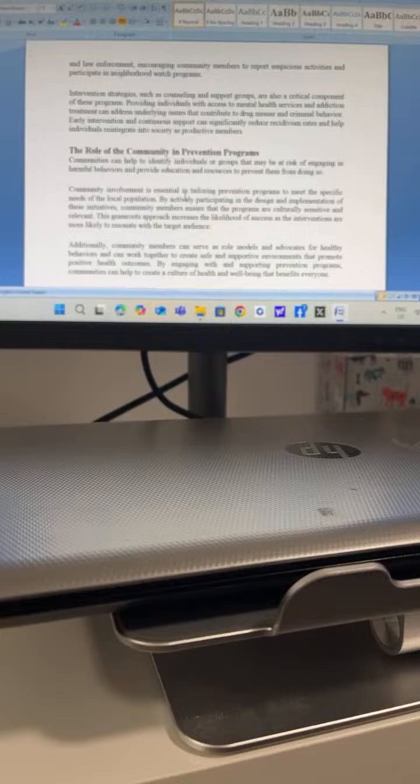By actively participating in the design and implementation of these initiatives, community members ensure that the programs are culturally sensitive and relevant. This grassroots approach increases the likelihood of success as the interventions are more likely to resonate with the target audience.